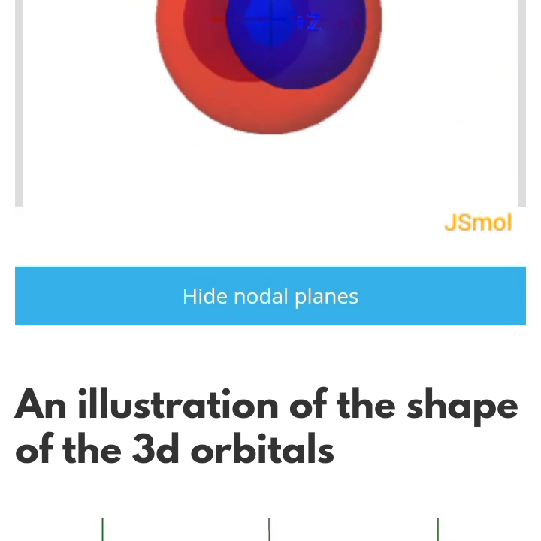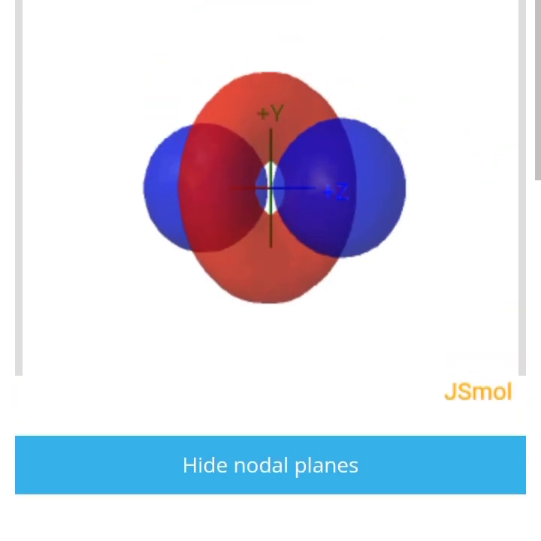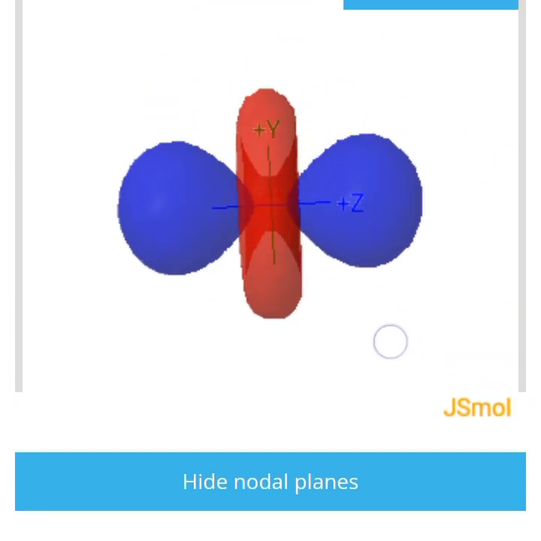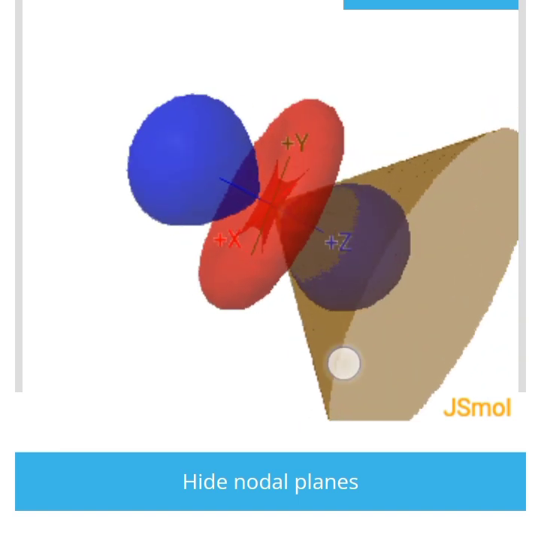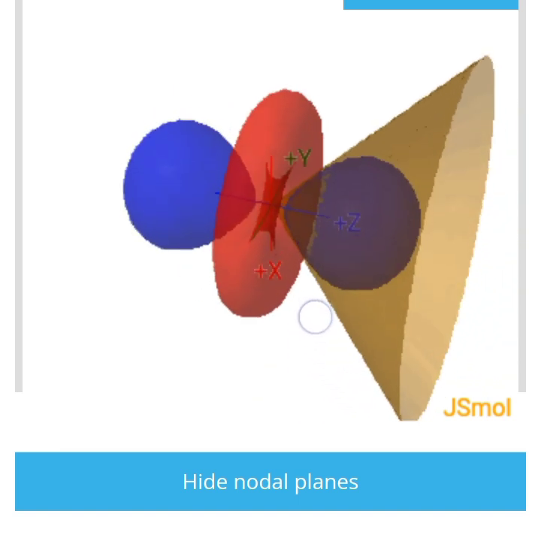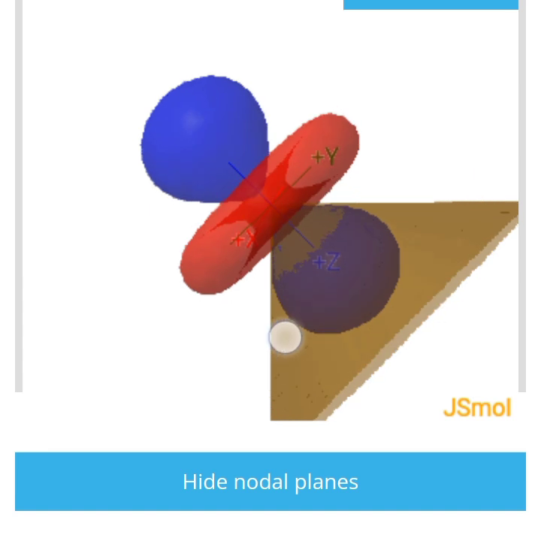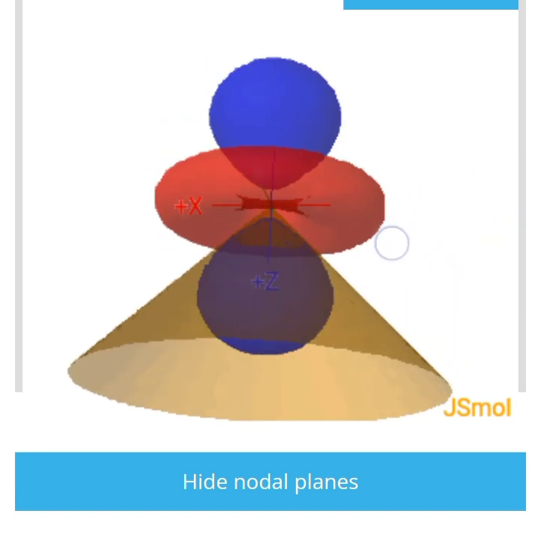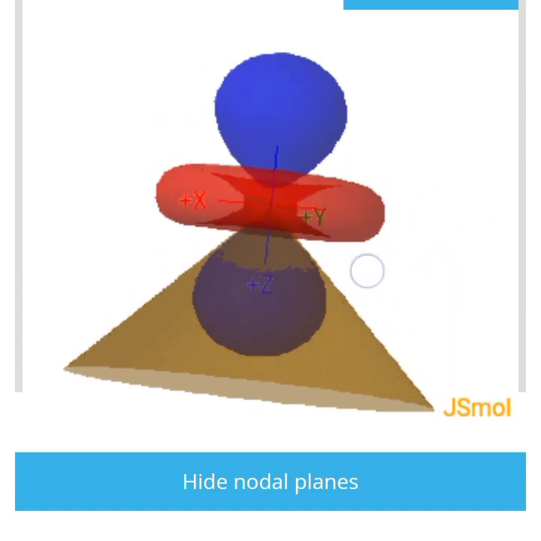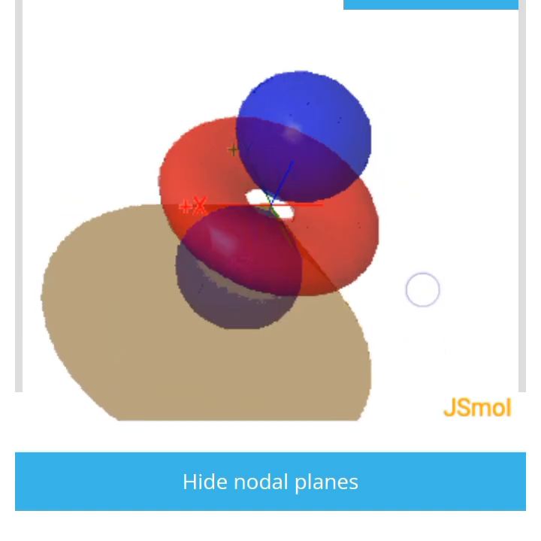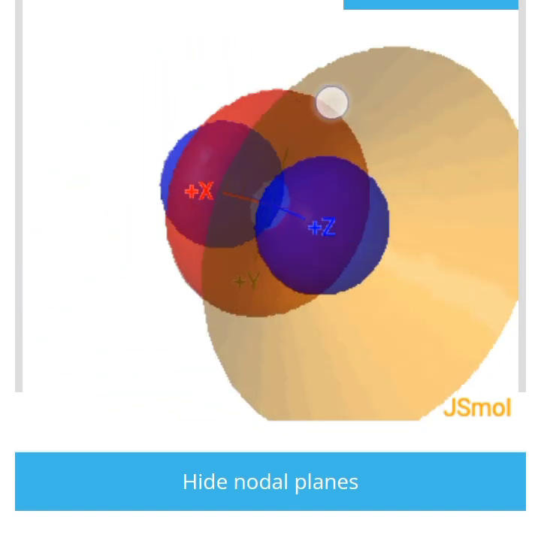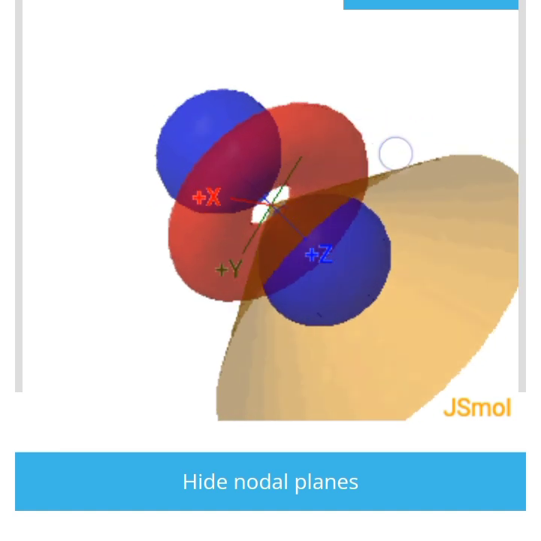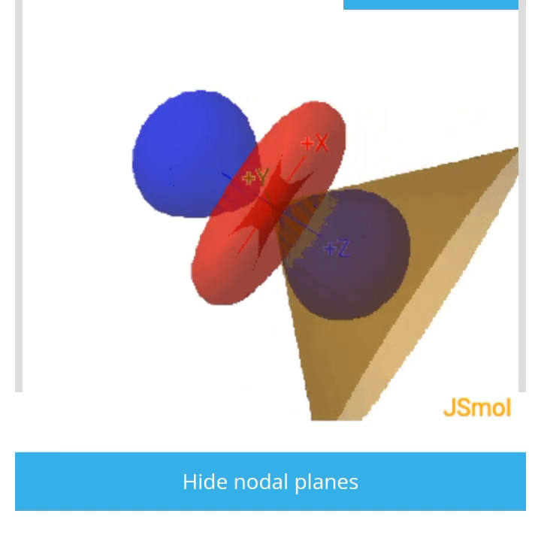Seen this. This is the dz square orbital. Number of nodal planes here: two conical nodal planes are present. One is below and another is this. One conical nodal plane passes through this blue, and another is also through this blue.